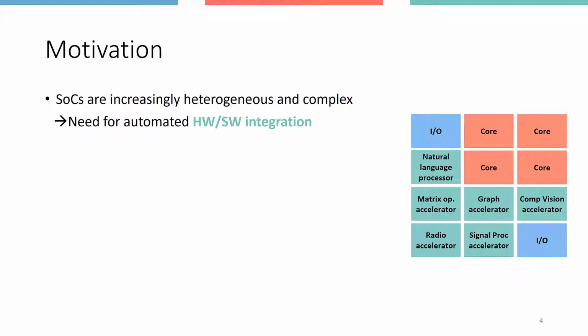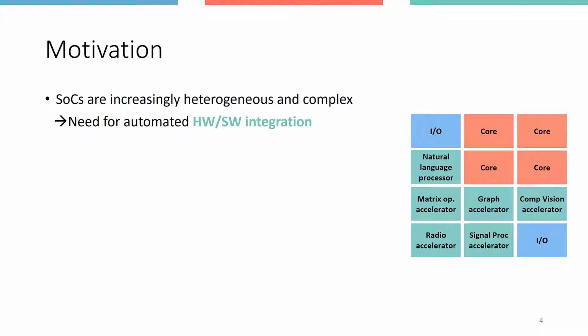With heterogeneous, we mean that these systems consist of components that have different nature, particularly components that execute software, so processor cores, general purpose processor cores, to a certain extent, application-specific processor cores, as well as, together with peripherals and memories, a variety of specialized hardware blocks.